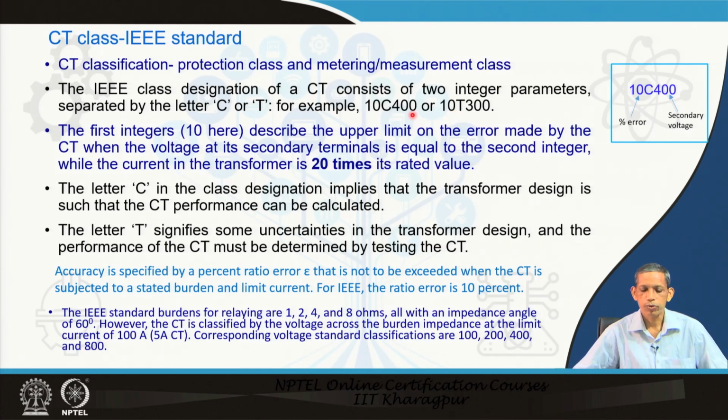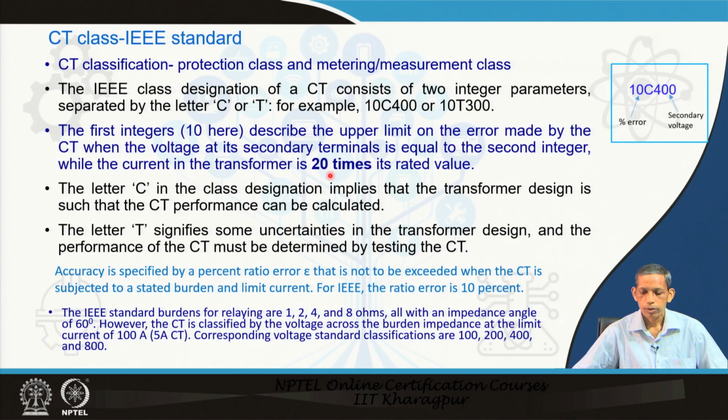Now, what do the 10 and 400, and the 10 and 300, reveal? The first integer, 10, describes the upper limit on the error made by the CT when the voltage at its secondary terminal, that is the secondary burden, is such that this voltage equals the second integer, 400 volt, while the current in the transformer is 20 times its rated value.